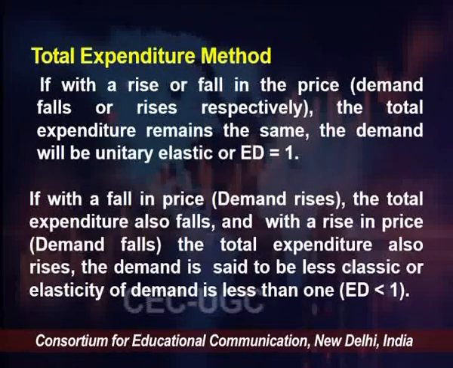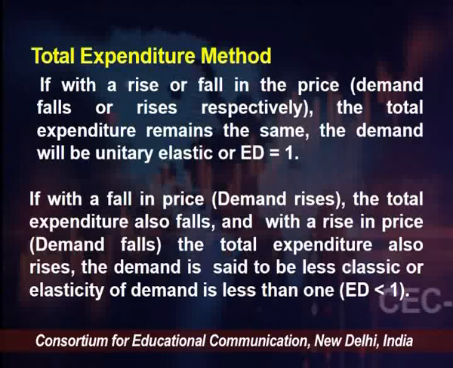Now, if with a rise or fall in the price, demand falls or rises respectively, and the total expenditure remains the same, then the demand will be unitary elastic. It means whether price goes down or price increases, you spend the same amount of money on that commodity, then we can say that elasticity of demand according to this method is equal to 1.